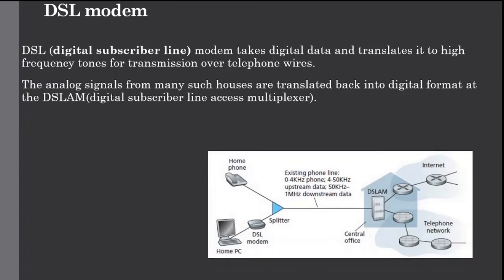As you can see from the images, we have the existing phone line at 0 to 4 kHz and then 4 to 50 kHz. And we have the 1 million downstream data, which goes to the internet and the telephone network at the central office.